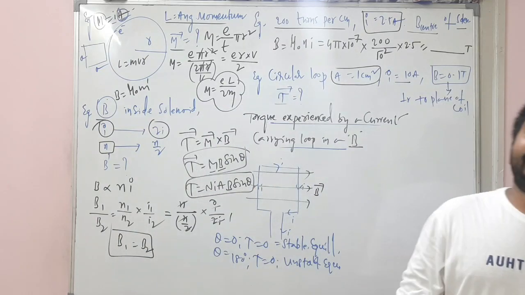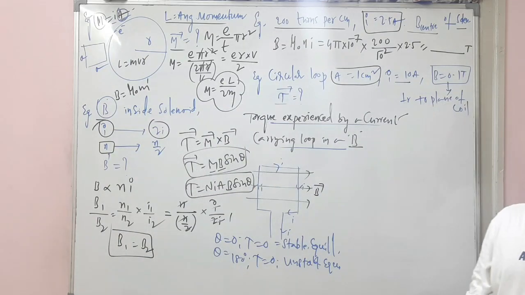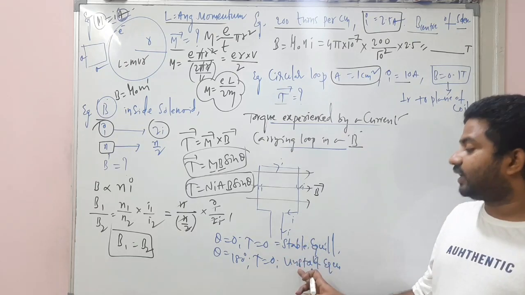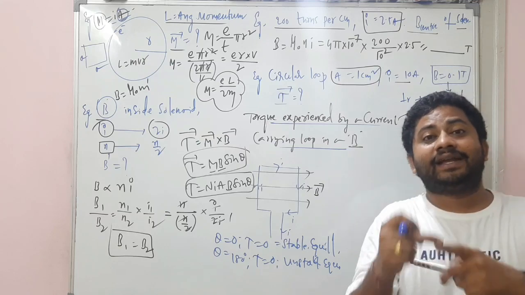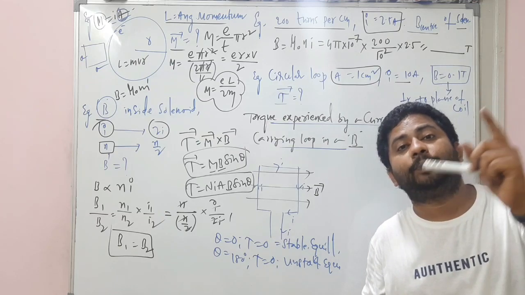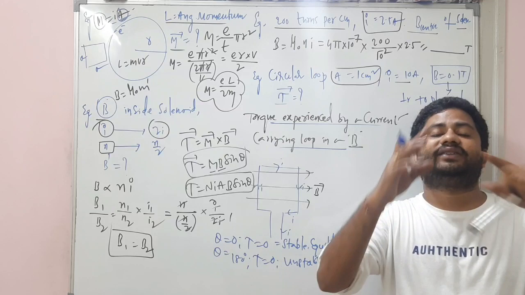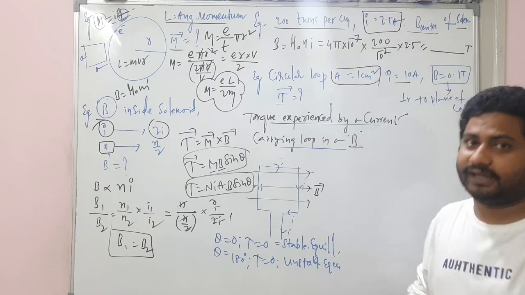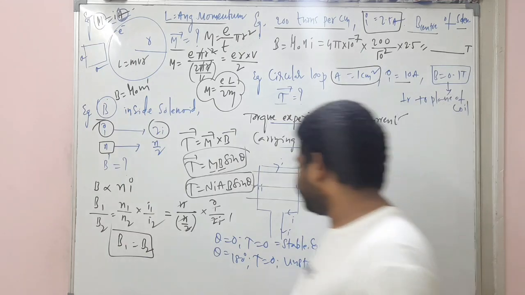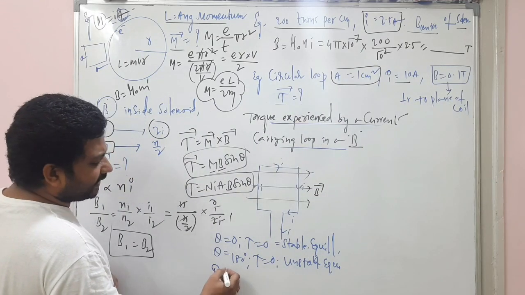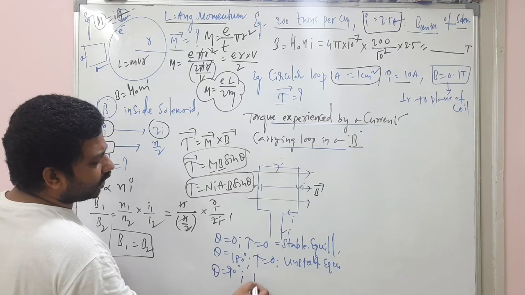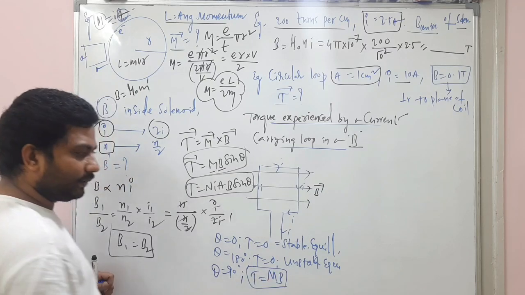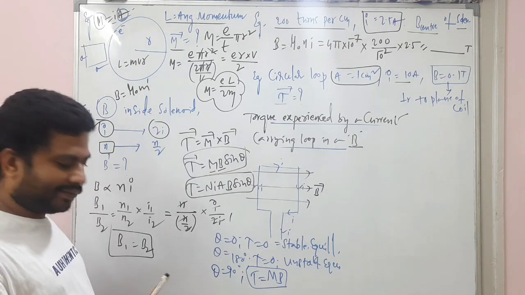Stable or unstable equilibrium, we will decide by using the concept of potential energy, my dear students. Now, if theta is 90 degrees, the torque is maximum, which is MB. Clear?